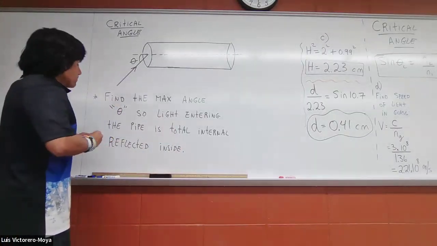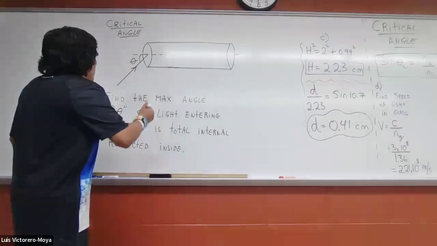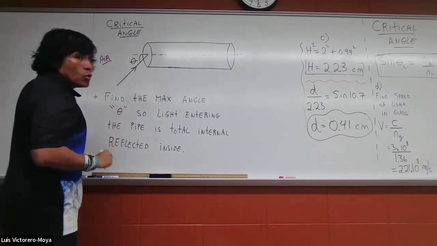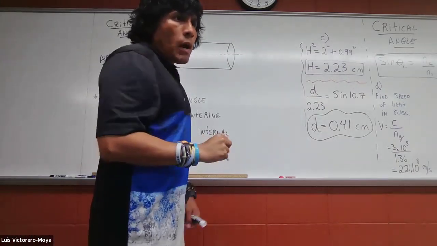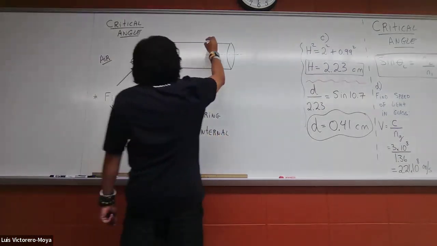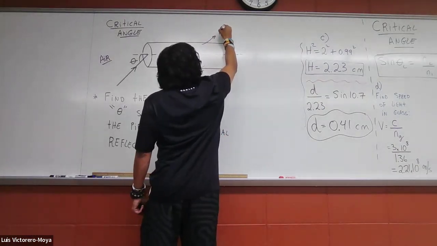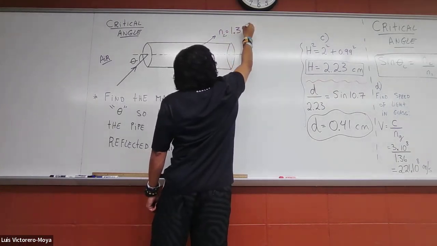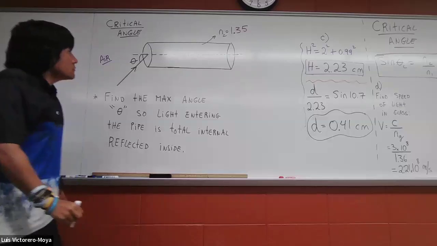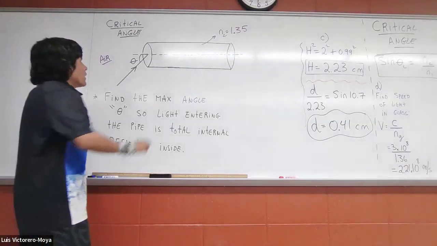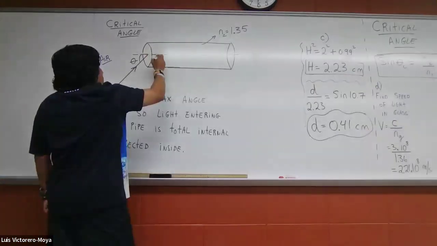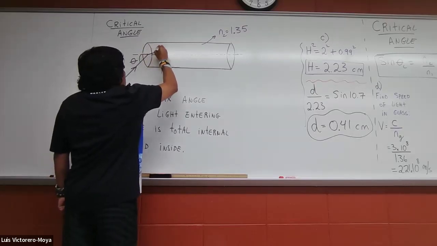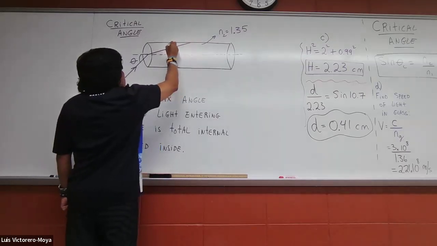What do I mean by that? You're going from air to a pipe that has an index of refraction of 1.35. So you are entering like that from air to glass, like that, right?